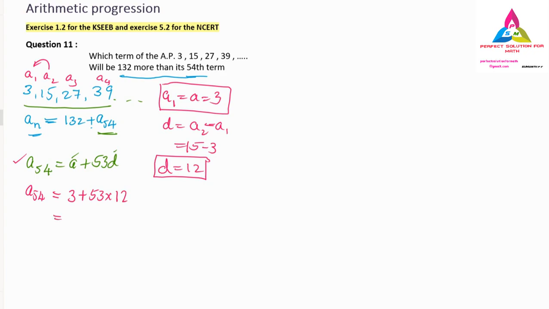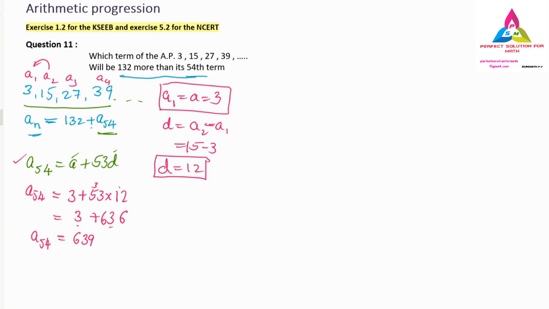Now we have to multiply 53 into 12 first. 12 3s are 36, so 6 over here, 3 carry. 12 5s are 60, 60 plus 3 is 63. So like this way we can multiply. Next we add these two terms, 3 and 636 is 639. So 639 is the A54th term. So we found the A54 term.